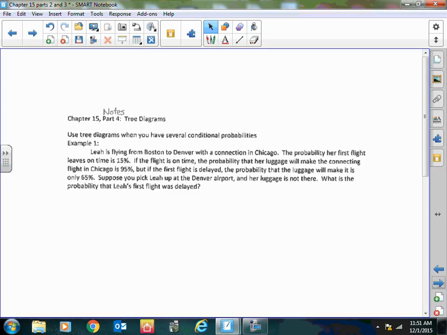If you start reading a problem and you've got several if-this-then-that statements, then you would probably do well organizing this in a tree diagram.